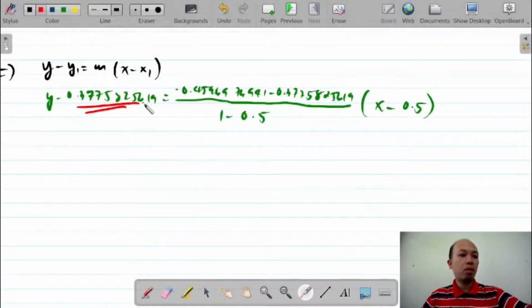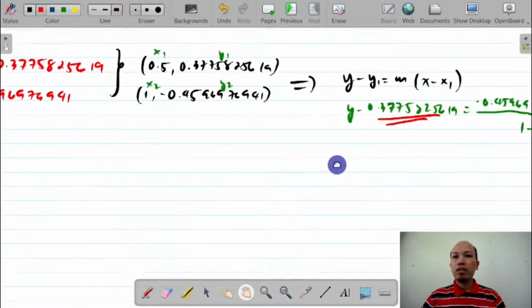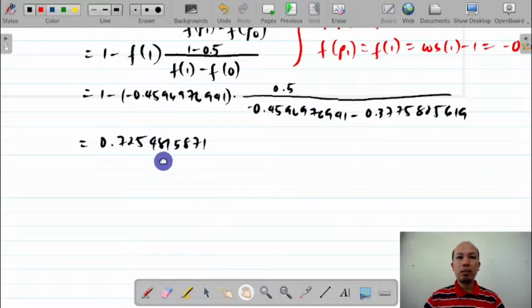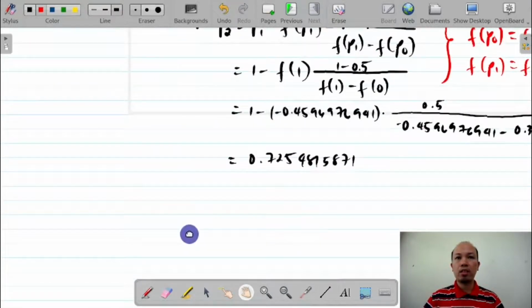Okay, so let's go back to our open board. So the next iterate is 0.725481. Okay, this is our next iterate.